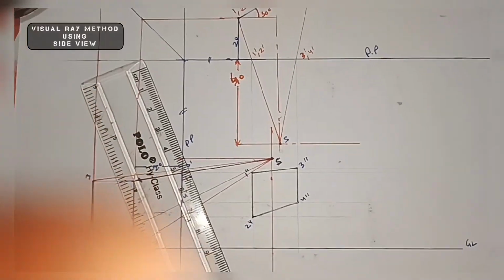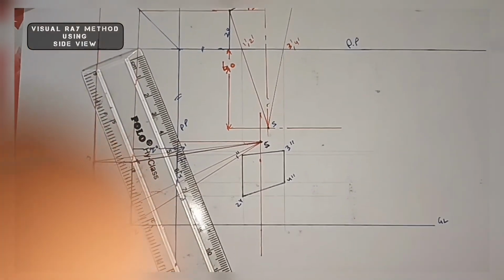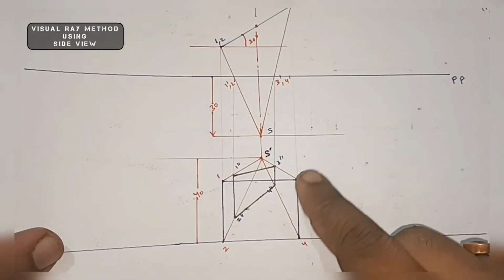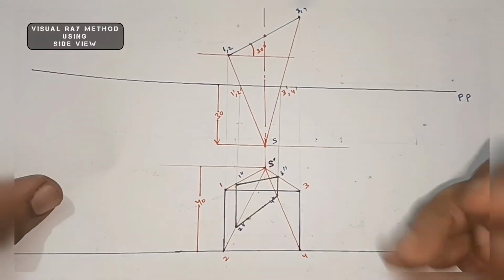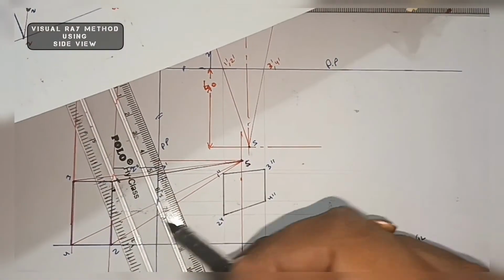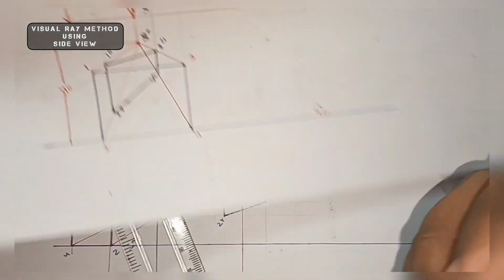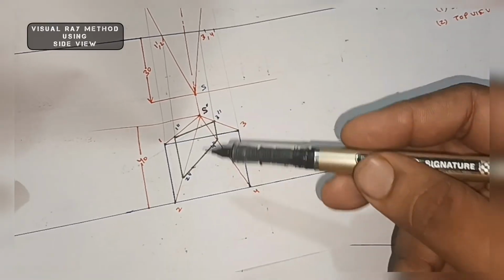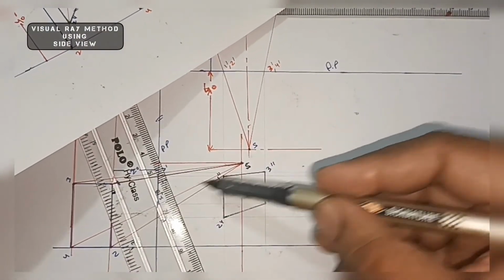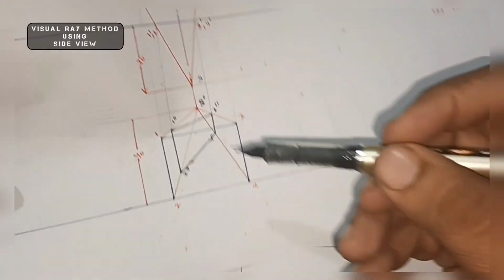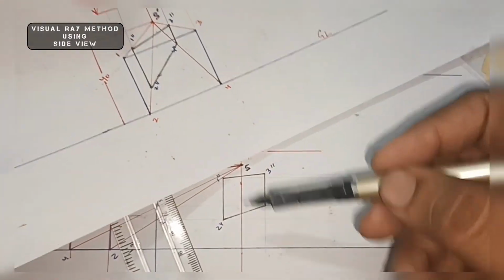Now you see this answer, and you see this answer. These were different because somehow we had taken this 30 distance and we have taken 40 distance over here, but the method is the same. The shape you see is almost the same, because we have taken a wrong distance for the position of S. It is by mistake only, but the shape, you see, is similar.